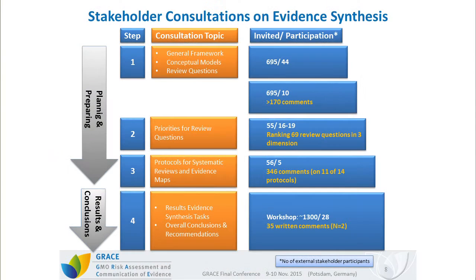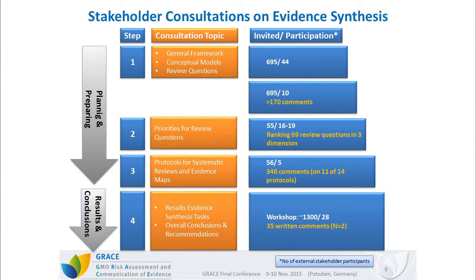So this depicts the workflow in the project, and shows also the multiple stages in the consultation process. The first consultation was essentially on the general framework. We adapted existing frameworks of systematic reviews to the needs of GMO impact research and assessment. We were already formulating some review questions and discussing them.